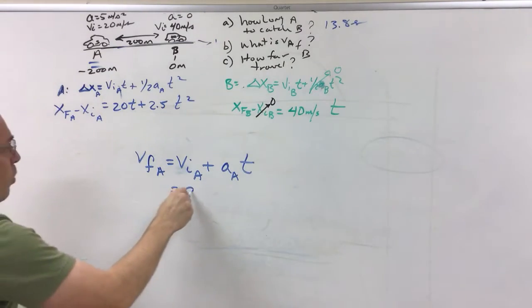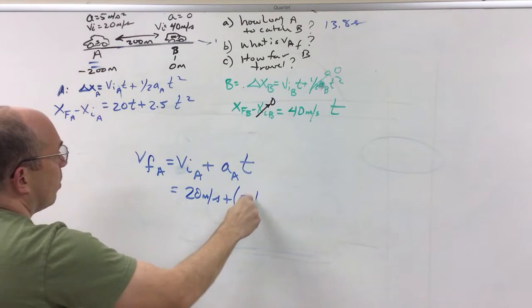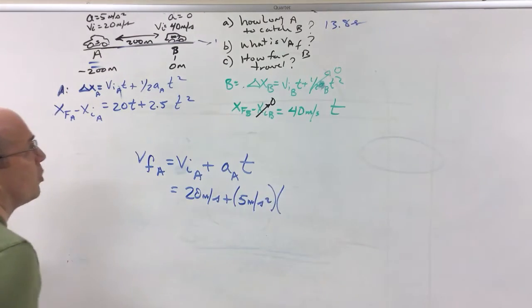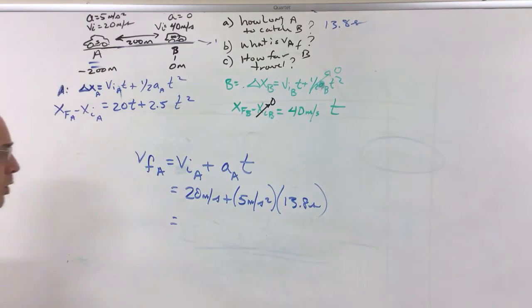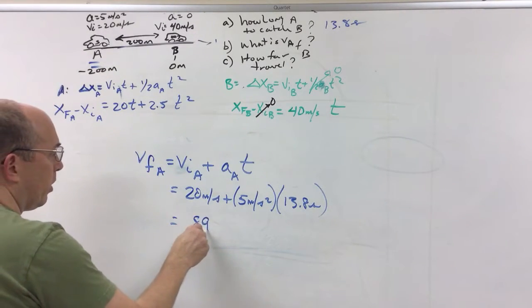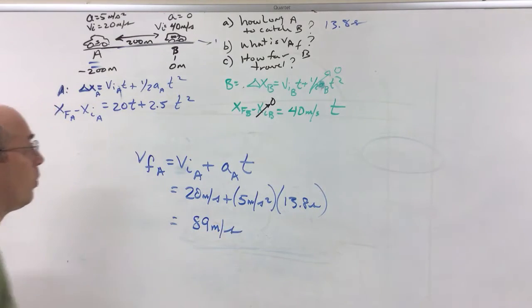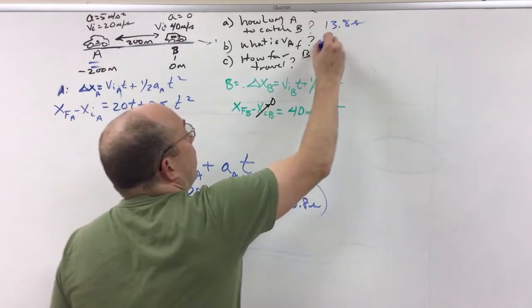Initial velocity of A was 20. Acceleration is 5. And the time was 13.8 seconds. So if we did a little quick computation there, that turns out to be 89 meters per second. So we're cooking pretty well there. Must have a jet propulsion or something. So that's part B, 89.